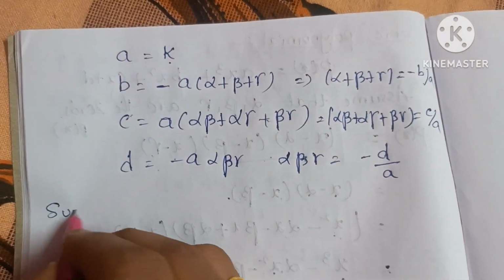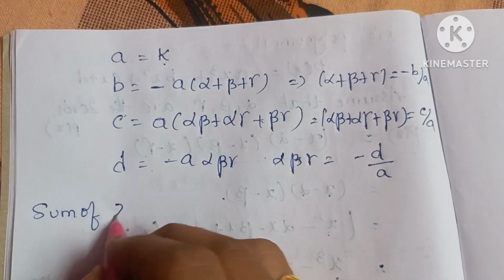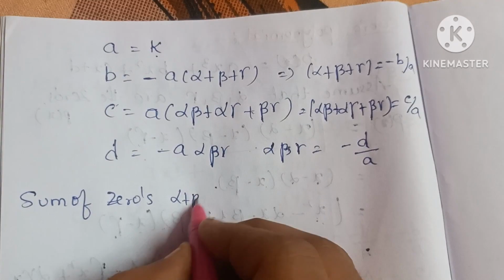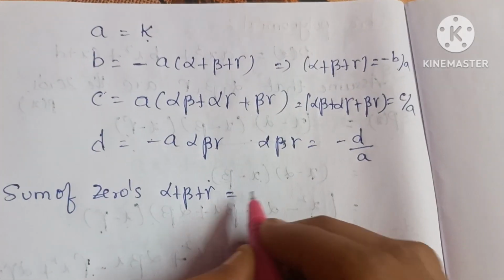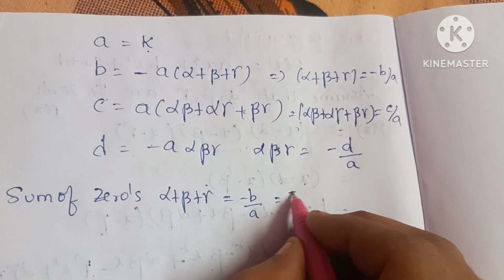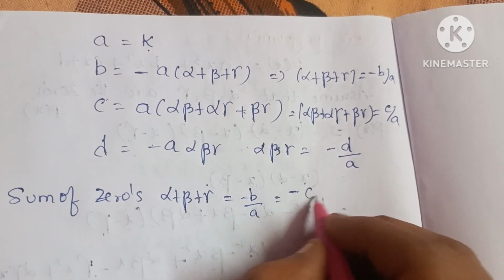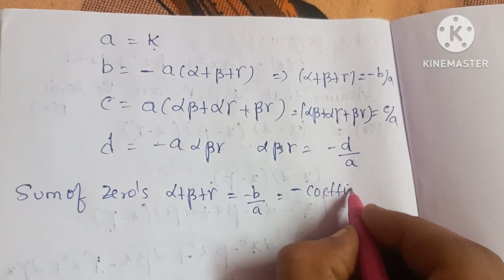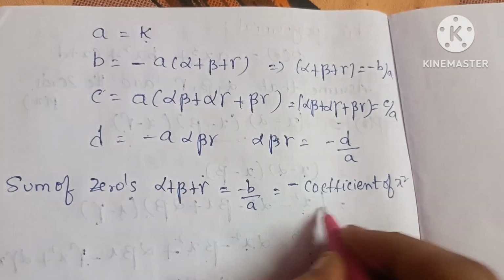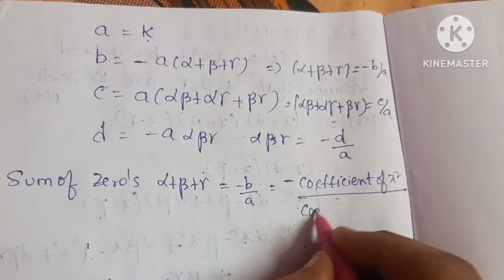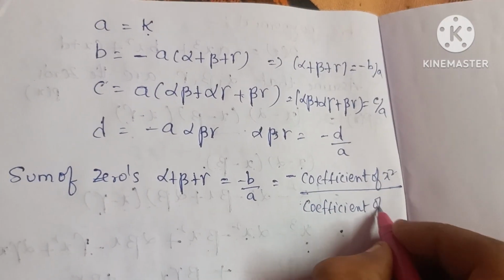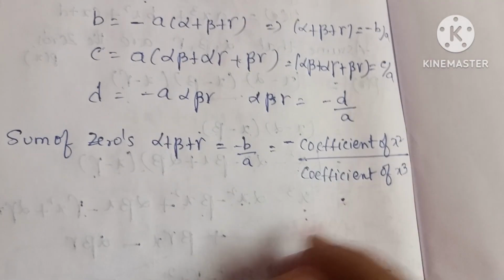Sum of zeros: alpha plus beta plus gamma equals minus b by a. Minus b by a equals minus of coefficient of x square by coefficient of x cube. a means x cube.